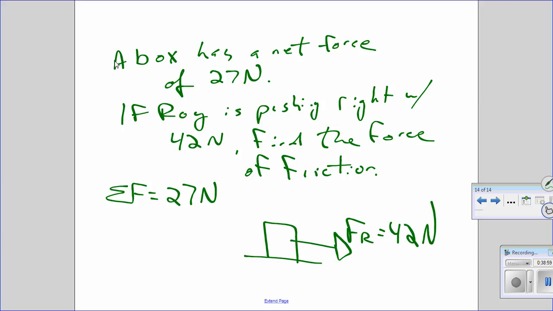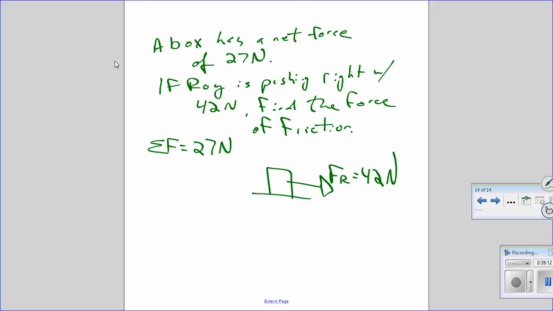If Roy's pushing the box that way, he's trying to make it slide that way, presumably. So which way would friction be going? The other way, right? So this is asking how much friction there has to be. Net force, by definition, is all my forces added up. It's the force of Roy plus, in this case, the force of friction, or missing force. And it's all linear, so I don't need to worry about vector addition. I just have to watch my signs. My net force was 27 newtons.